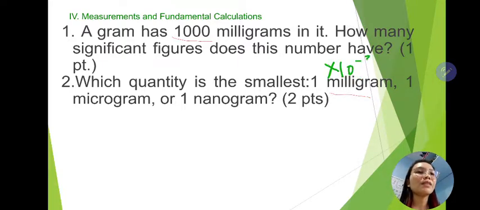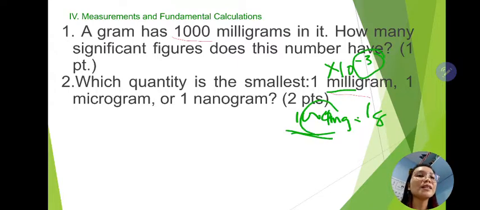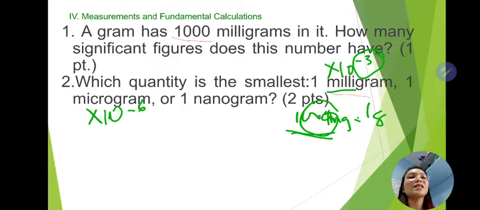So, that means 1 milligram is equal to 1,000 milligrams, which is equal to 1 gram. It is 10 to the negative 3 because the 1,000 has three zeros. 1 microgram is times 10 to the negative 6.